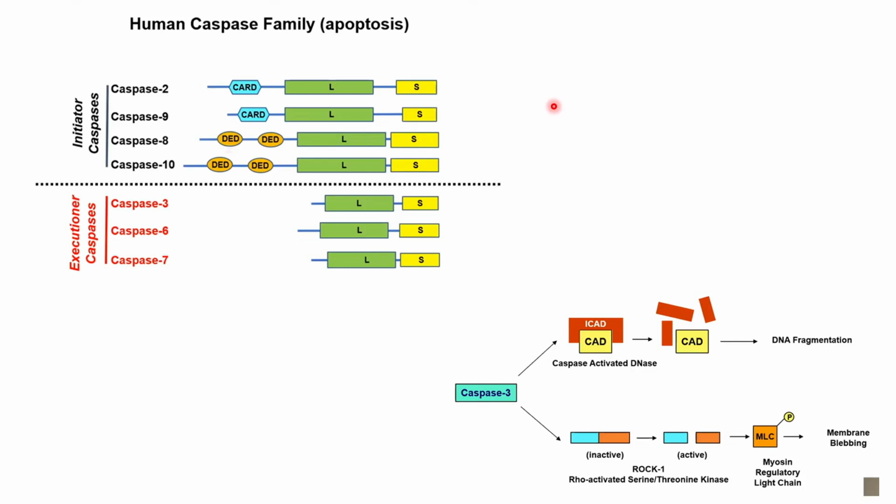That means inside the cellular system, if there is DNA damage or cellular stress or a certain abnormal condition inside the cell, then the intrinsic apoptosis pathway is activated. But if there are certain external signals present outside in the environment, that also can be sensed by the cell through certain receptors present on the cells to trigger the apoptosis.